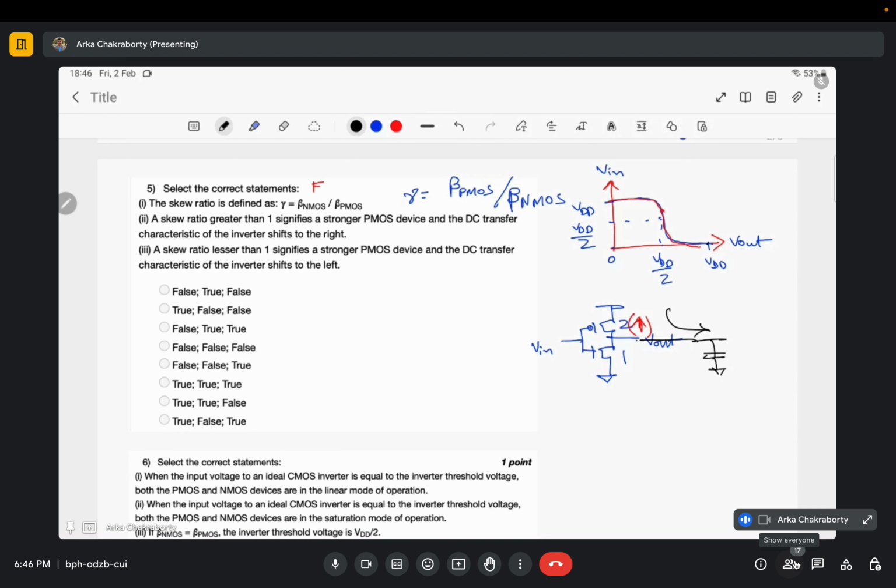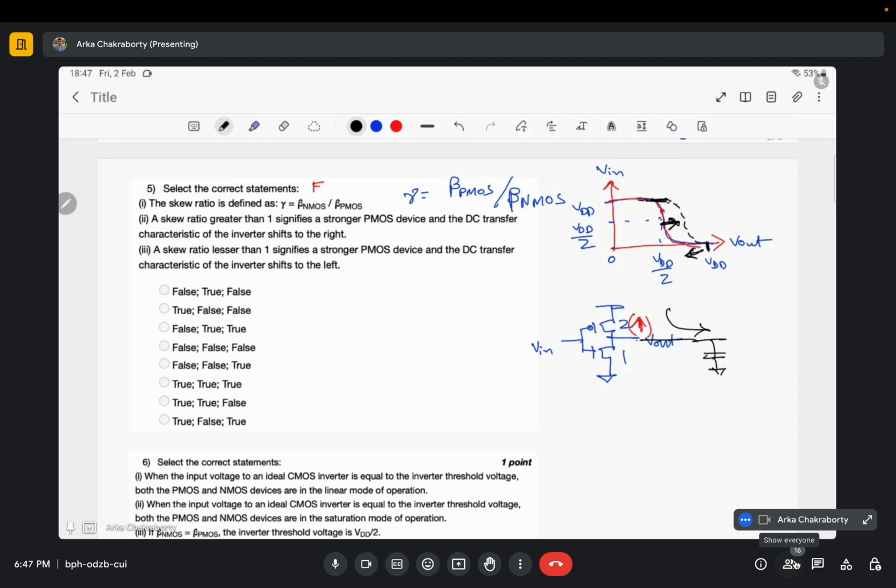Say I am at this point, VDD, and I am reducing the input voltage. Now, as my current is increasing, my circuit will reach the value VDD at a much earlier stage. So if I increase the strength of my PMOS, my curve would move to the right hand side.